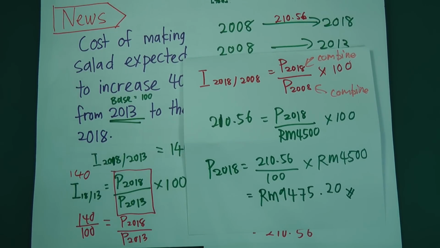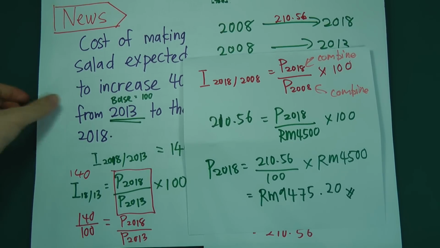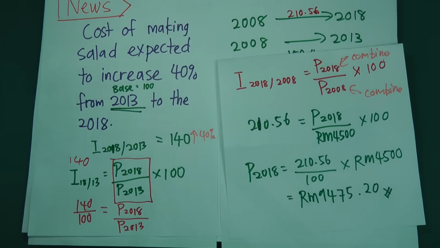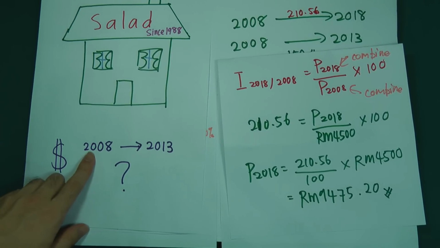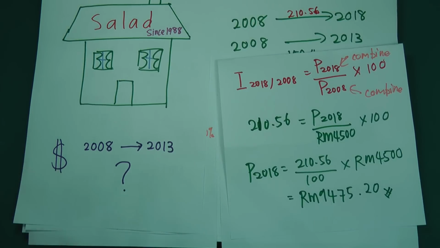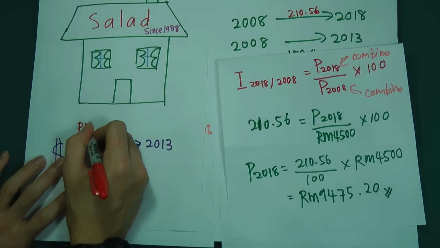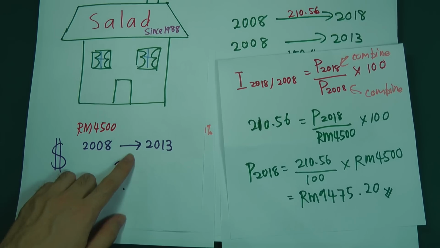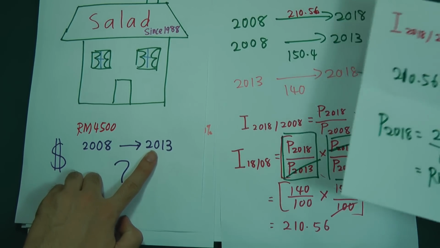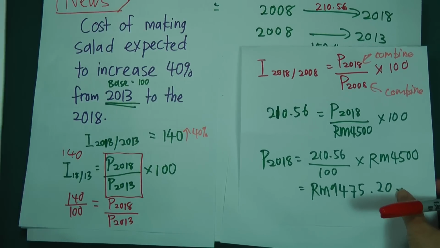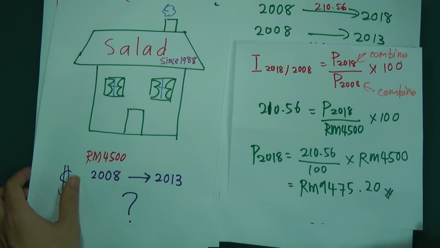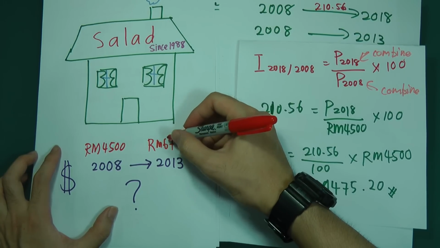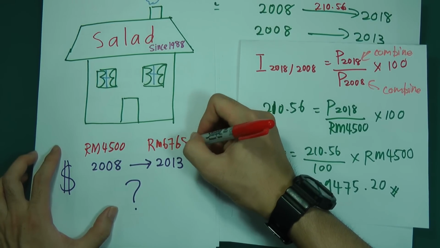So what does it mean? You started this business selling salad. The cost you spend per month is only 4,500. But then in the year 2013, you are going to spend 6,768 ringgit.